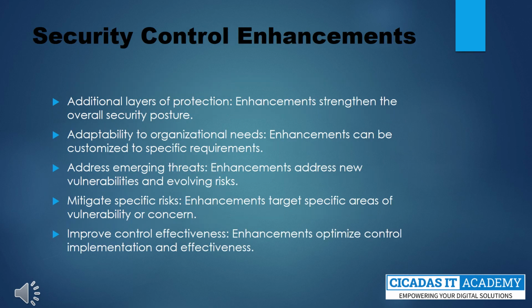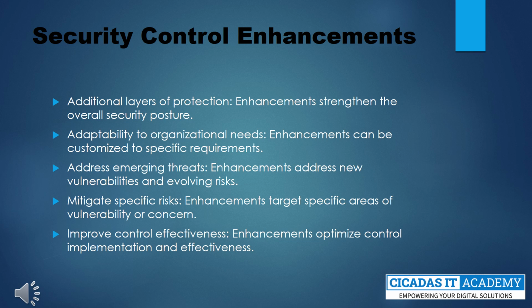In an ever-evolving threat landscape, security control enhancements are essential to address emerging risks and technological advancements. Enhancements involve strengthening existing controls, adopting new technologies, and updating policies and procedures. Regularly reviewing and enhancing security controls helps organizations adapt to changing threats, industry best practices, and compliance requirements.